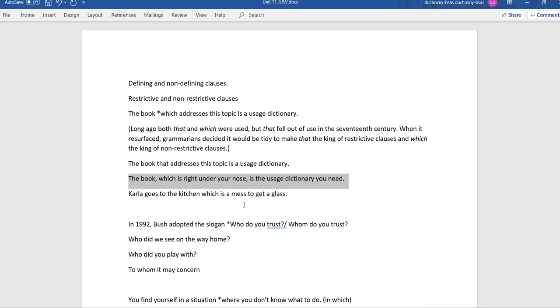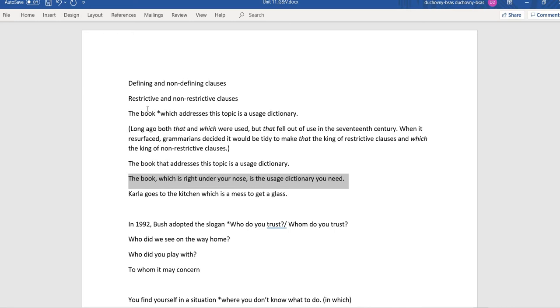Now, it is true that speakers mostly use "which" where you should be using "that." It's just a thing that happens in the same way many other things happen in language. Possibly you think that this is a very useful idea.